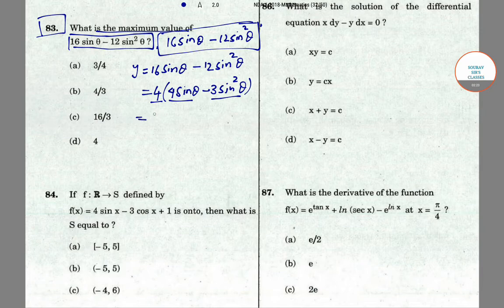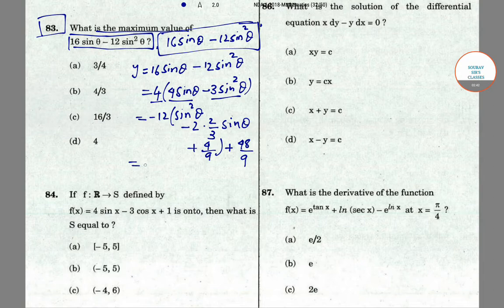So whose value will be equal to minus 12 into sine square theta minus 2 into 2 by 3 sine theta plus 4 by 9, plus 48 by 9.